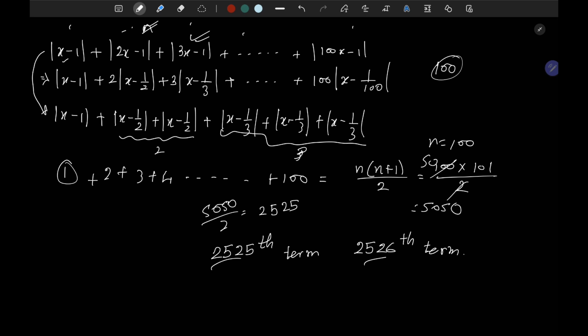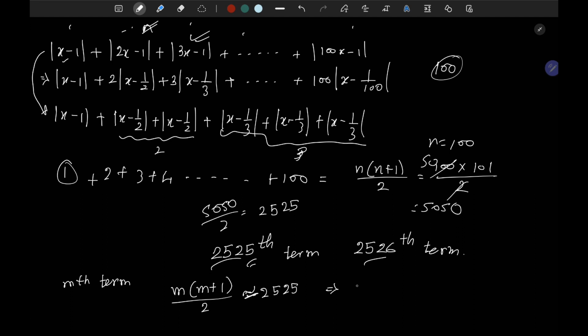Okay, so let's think that the mth term will be this one. So we will have the sum m into m plus 1 by 2 equal to 2525, or better to say not equal to, almost equal to, nearest to something we are looking for.